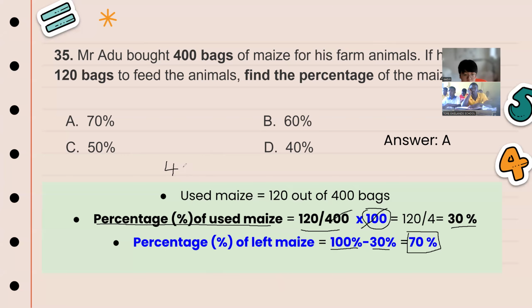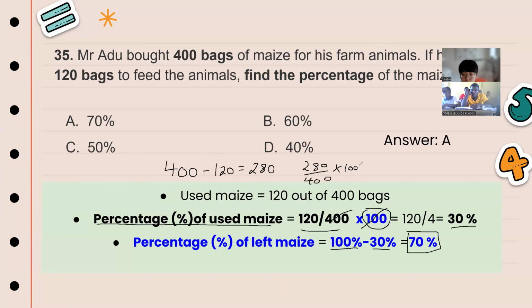The left amount of maize is 400 minus 120, which equals 280. And you're finding 280 divided by 400 multiplied by 100. Because this is percentage, you have to multiply by 100 at the end.